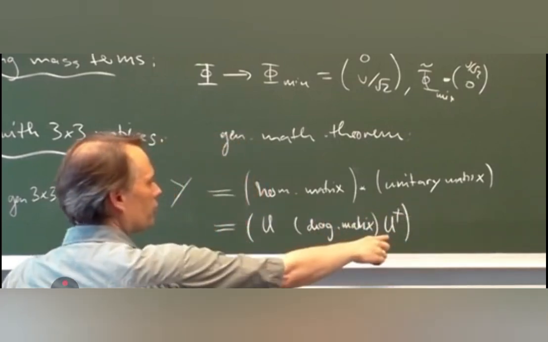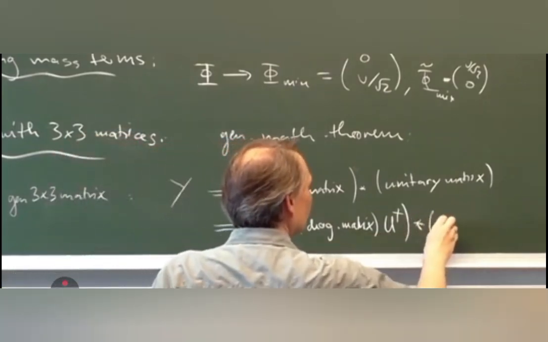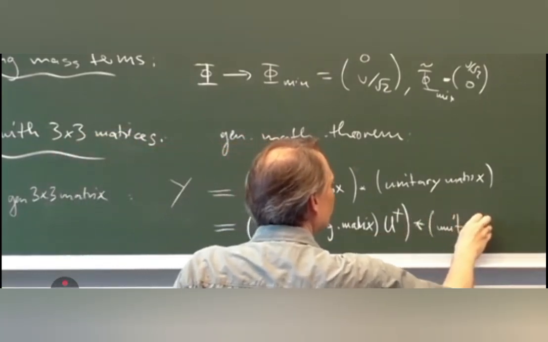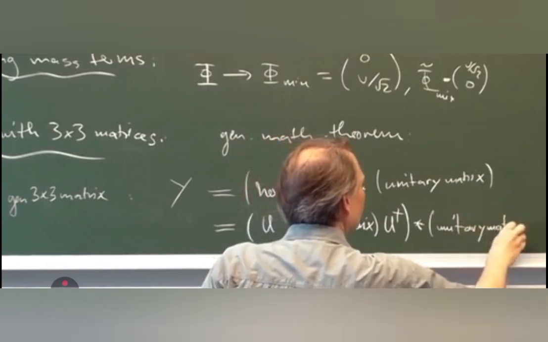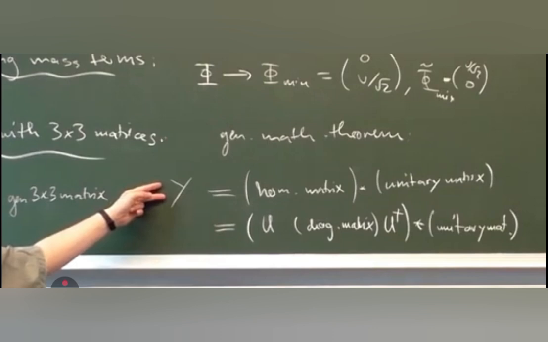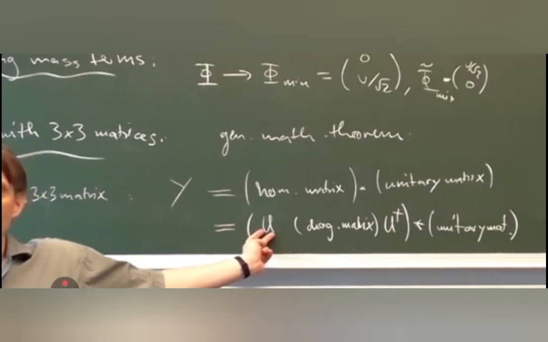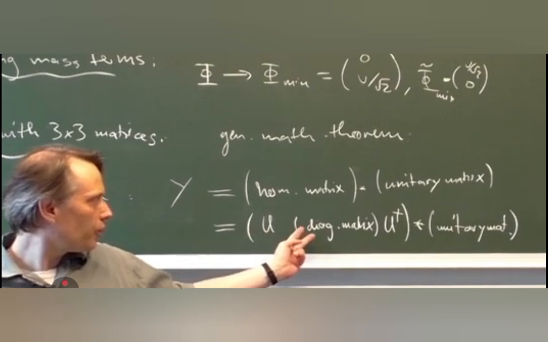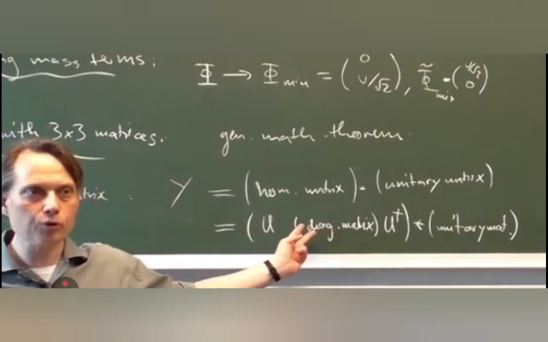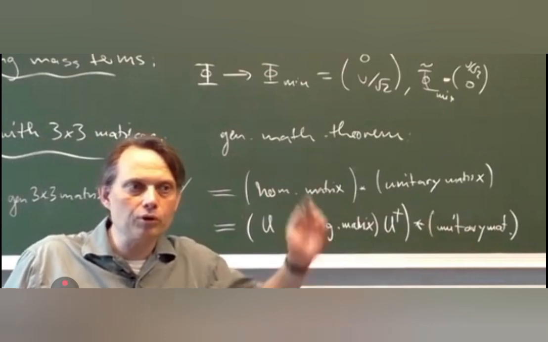That is the diagonalization of the Hermitian matrix, and then we have times another unitary matrix. Okay, and then you discover that a general 3 by 3 matrix can also be written in this way, namely unitary matrix times some diagonal matrix times another product of unitary matrix, which is just another unitary matrix.